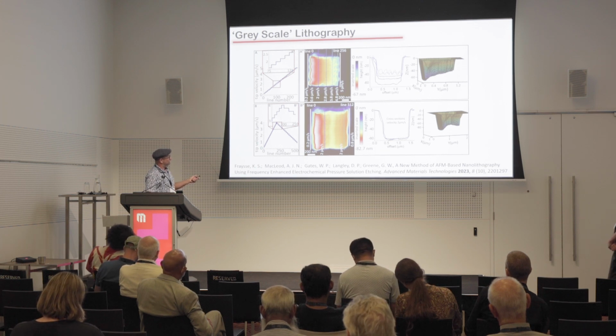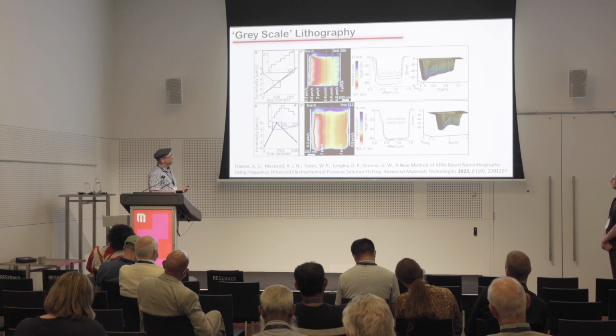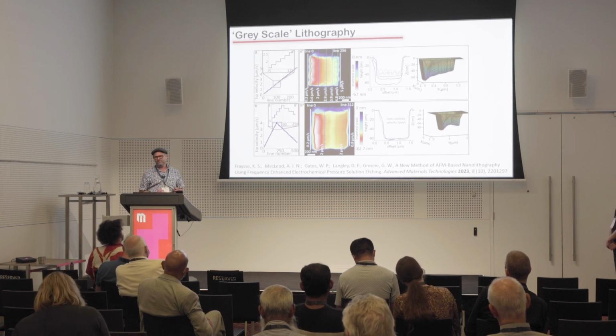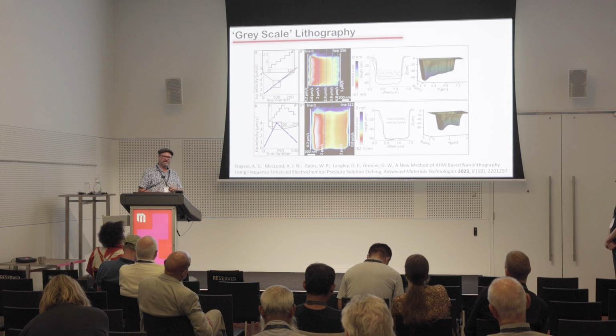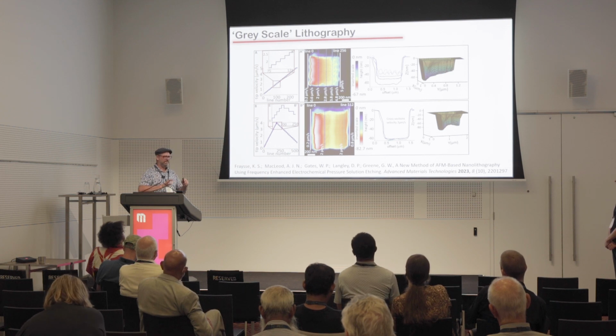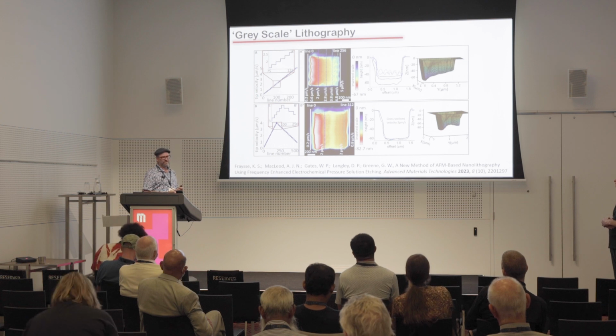You can see from our profile that initially we've got very deep, then it gets shallow, and then it gets deep again. We believe that with more sophisticated control, we should be able to achieve the same type of grayscale lithography that people can do with the nanofraser.